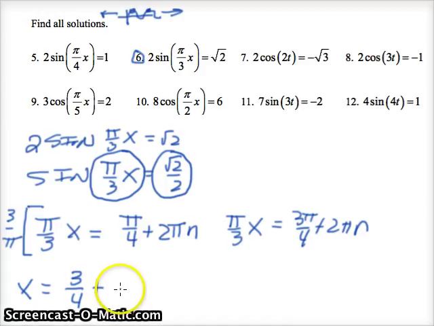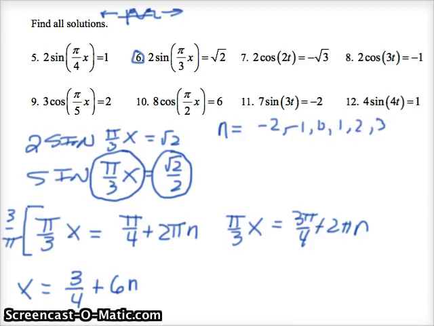I'm going to have a 6, and the pi's are going to divide out, and then I'm just going to have n. Okay, so let's figure this one out first. Remember, n is the number of times around the unit circle you go. n could be like -2, -1, 0, 1, 2, 3.